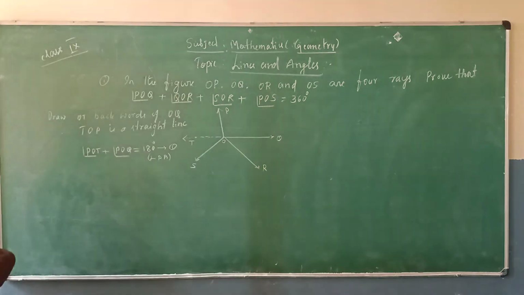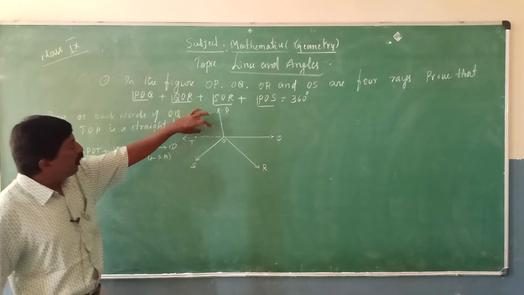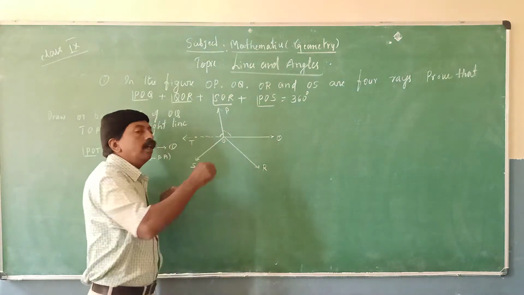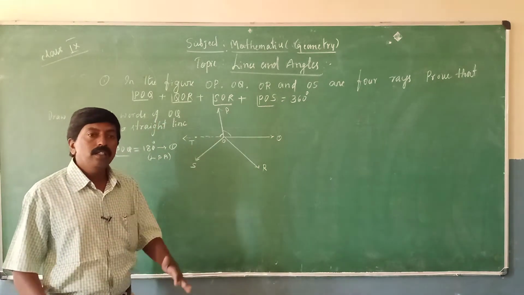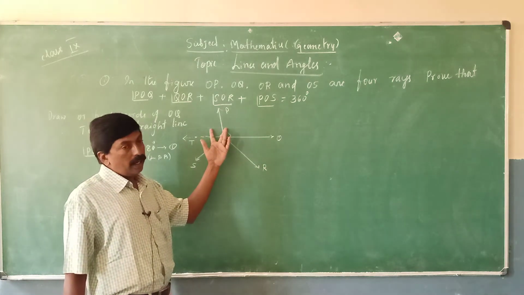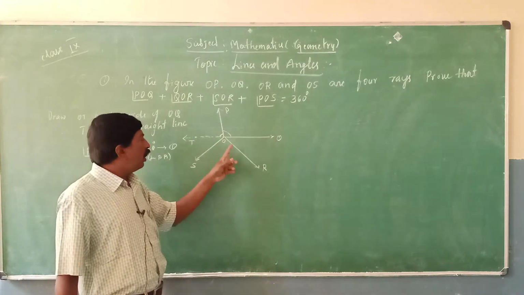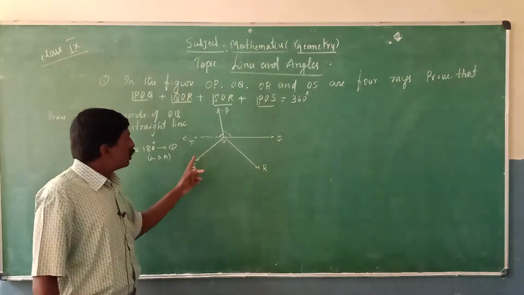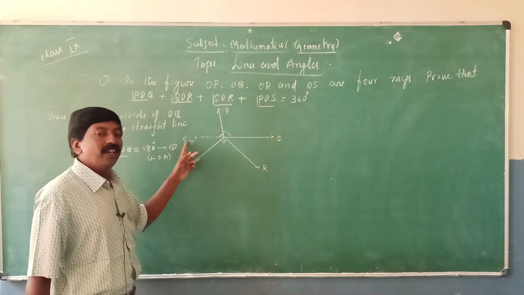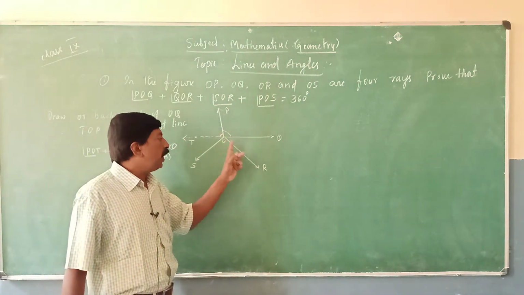Linear pair of angles sum is how many degrees? Yes, 180 degrees. Observe here, this angle and this angle are a linear pair. Again, QOR plus ROS plus SOT is how many degrees? That is also 180 degrees, because on that line two rays are standing.